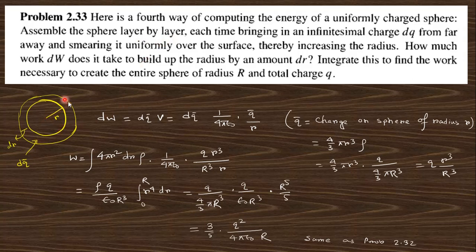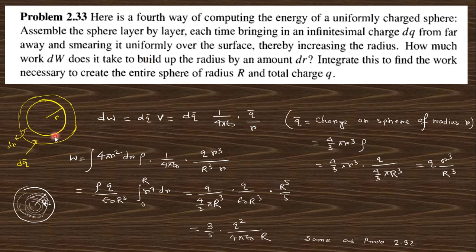That means if you take this sphere of radius R, we form this sphere by accumulating it layer by layer. One layer after another, and finally you will get this sphere. If we accumulate layer by layer, then the work done will be like that.